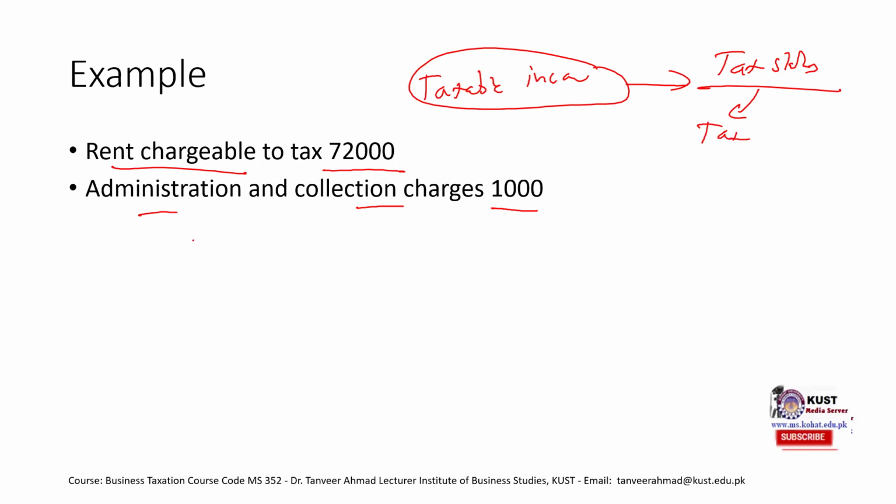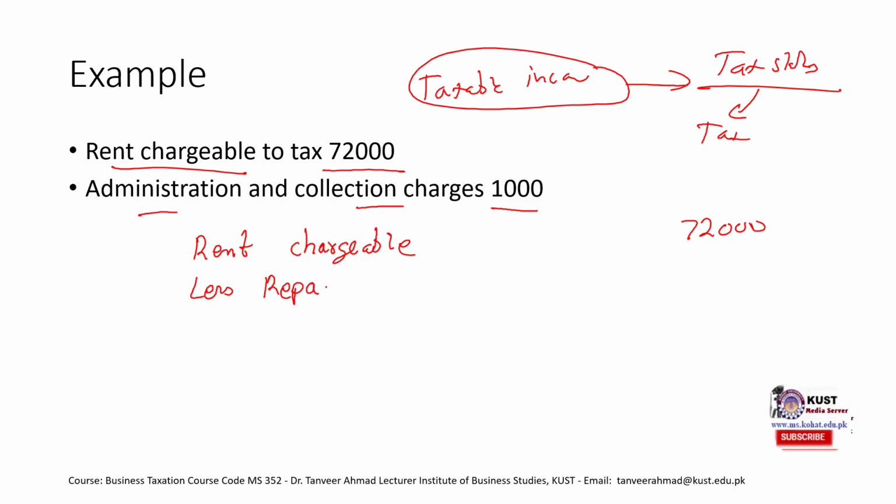Okay, so rent chargeable, that is 72,000. Then we lessen the repair expense. Remember, the repair expenses are fixed.